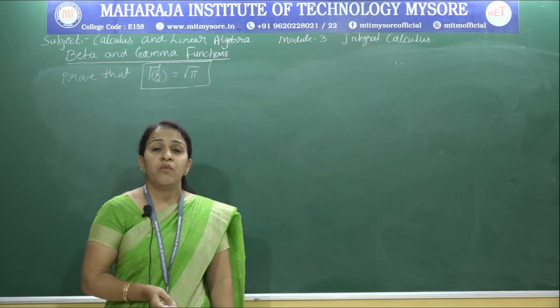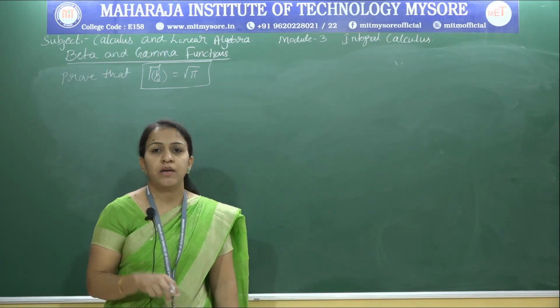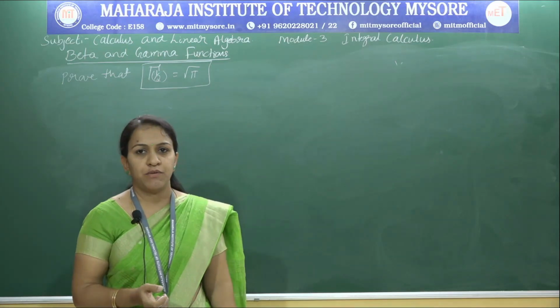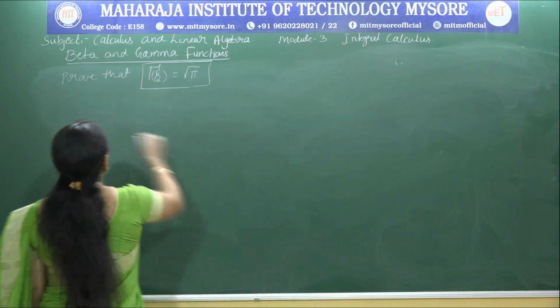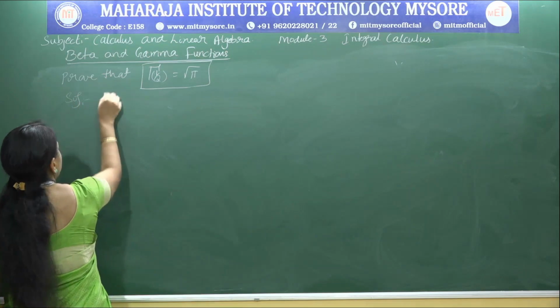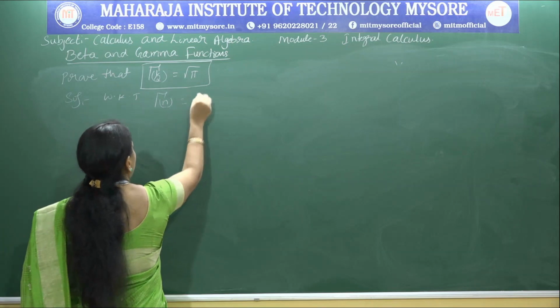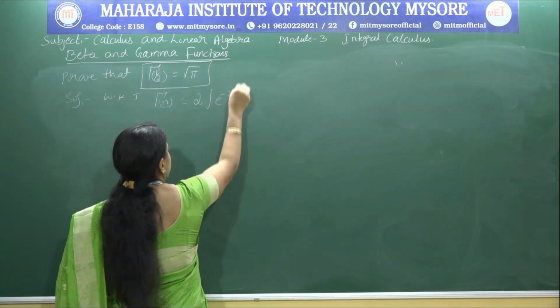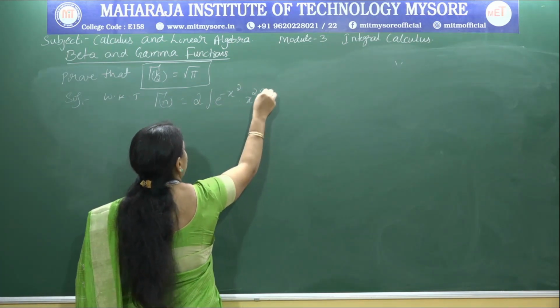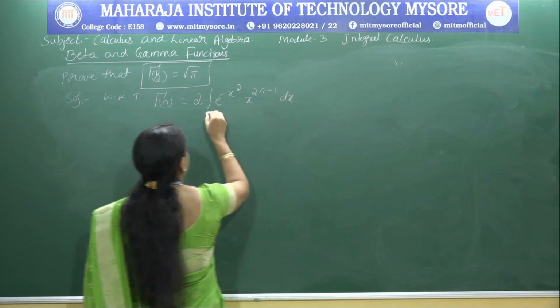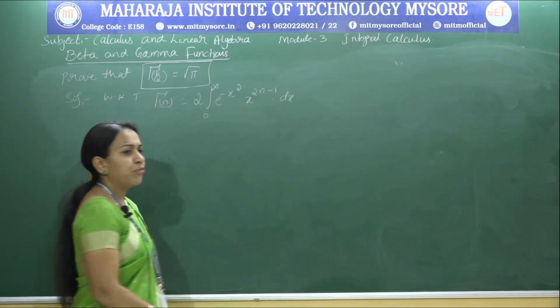To prove the result, we know another way of defining a gamma function. Yes, that is we know that gamma n is equal to 2 times the integral of e power minus x square into x to the power of 2n minus 1 into dx between the limits 0 to infinity.